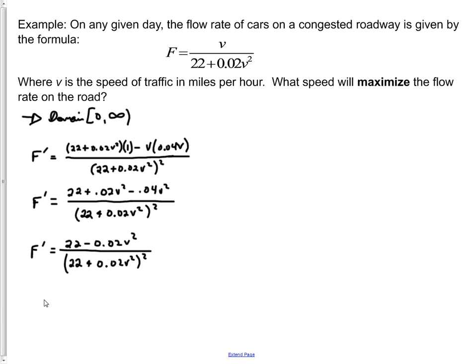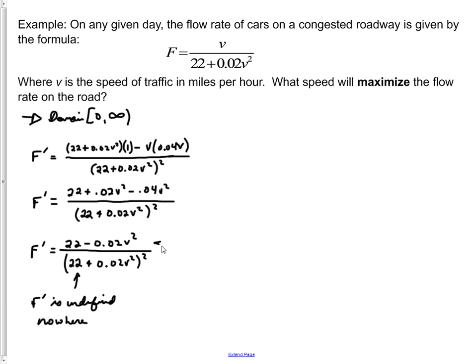Fun function, I know, but a couple of things that we can say. First of all, f prime is undefined nowhere. And again, we state that without really proving it, but because the denominator has no real roots.